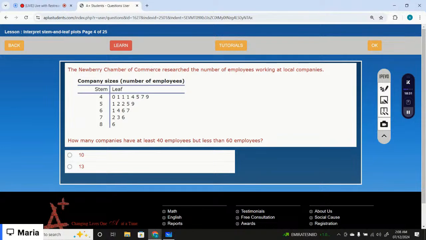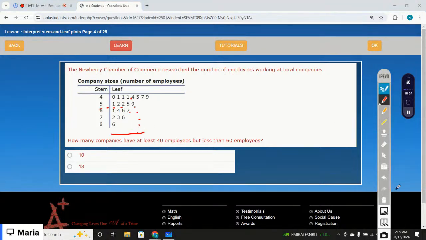The Newberry Chamber of Commerce researched the number of employees working at local companies. How many companies have at least 40 employees but less than 60 employees? So at least 40 and less than 60.